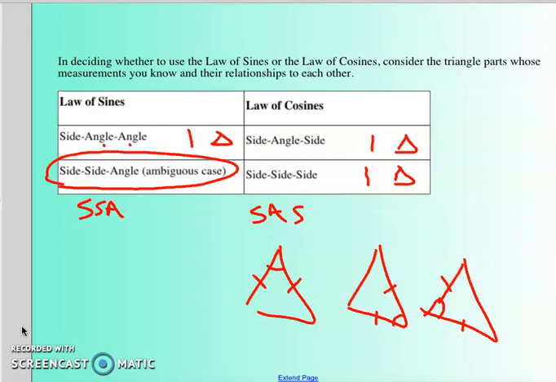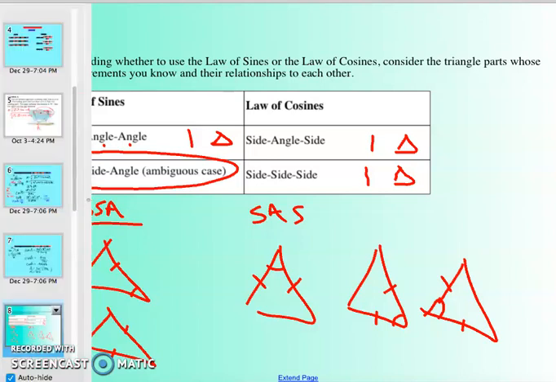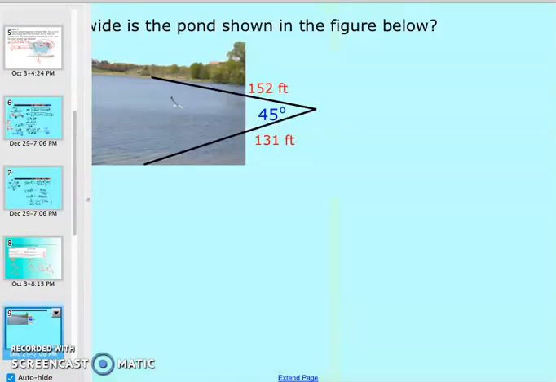Side angle side. The ambiguous case is side side angle. The angle does not touch both sides. Again, you can draw that in different ways. Side side angle also spells a naughty word backwards. But that is another point. Super important to keep your life as simple as possible, and so you don't have to keep trying more and more problems.